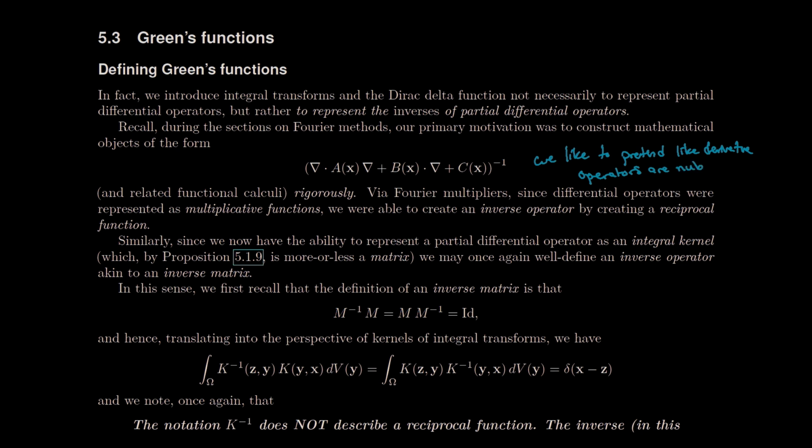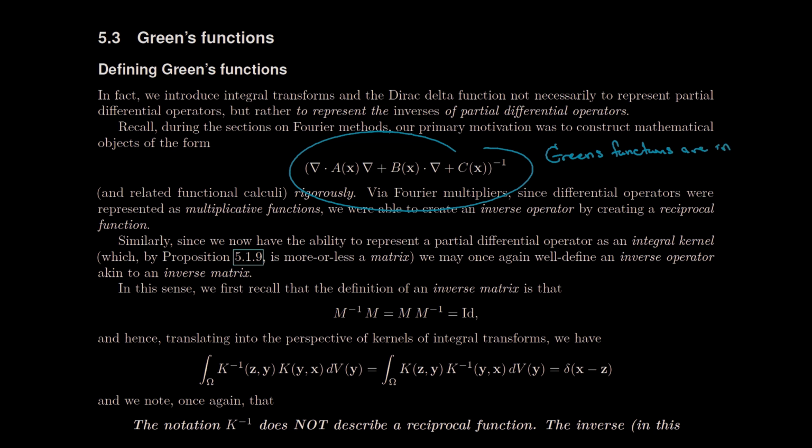This was the Fourier method, wherein we truly could take 1 divided by some collection of numbers to invert it, or a function, right? The Fourier multiplier was really a function, but it's a number for each input. Green's function is really trying to do the same thing, except we're going to be doing the same thing in the context of matrices.